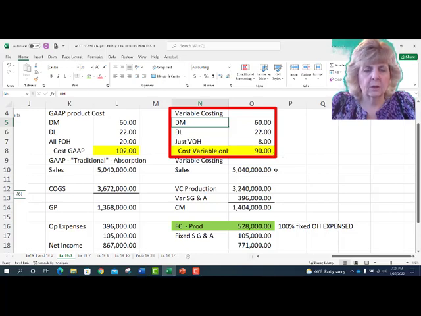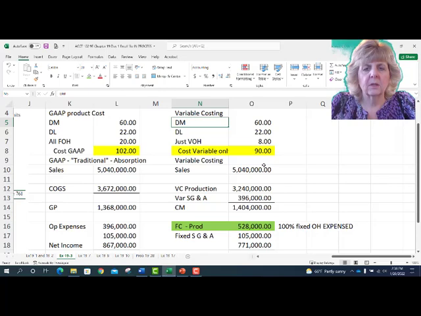The sales didn't change. The variable production costs were the number of units that we produced times the $90 per unit. We also had some variable selling, general and administrative expenses. We calculated the contribution margin by taking the sales less those variable costs.